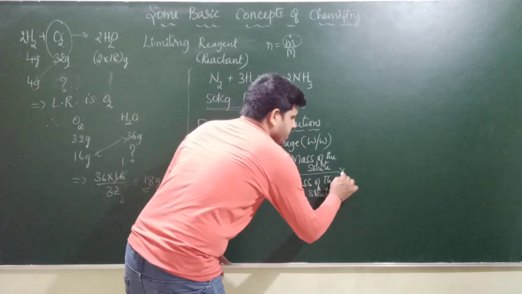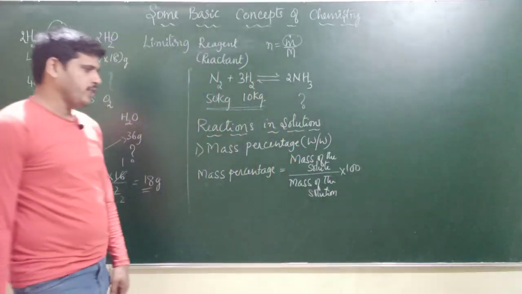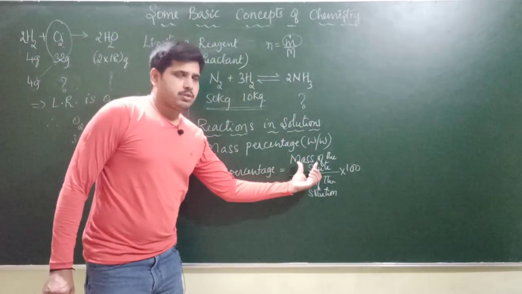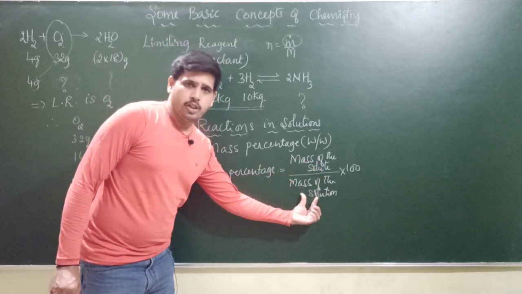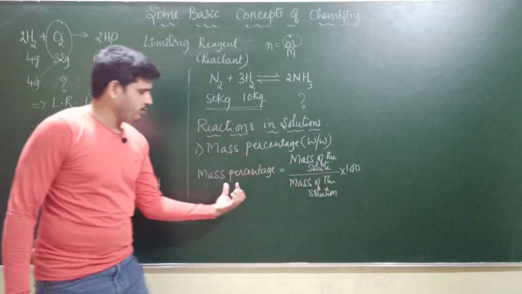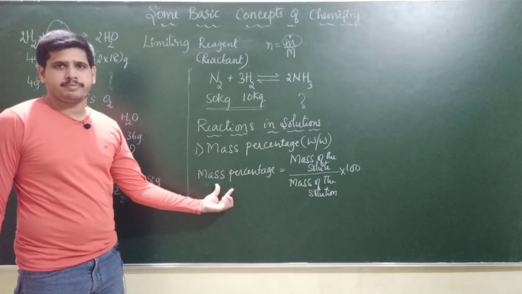Since it is a percentage, we should multiply by 100. So this ratio of solute to solution in 100 grams, we call mass percentage.